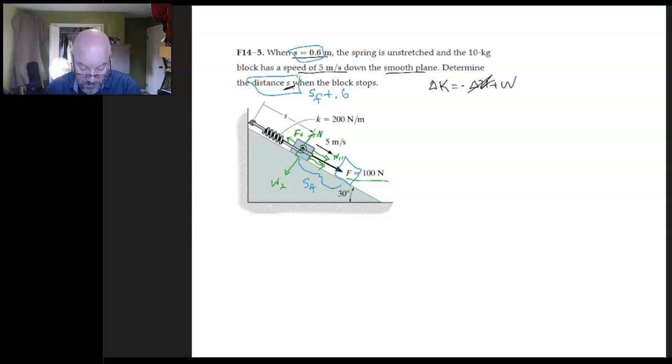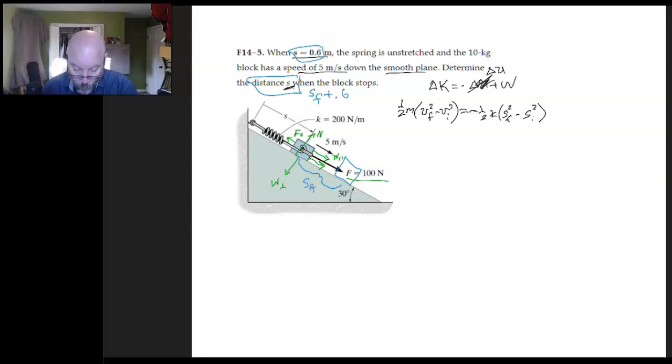All right, and we're starting from a certain speed, so 1/2 m vi squared. Okay, and now our work, let's think about what's happening with the, oh, I forgot, we have to have the potential energy of the spring. So we do need that in there. So we have minus 1/2 k, and then it's going to be SF squared minus S initial, which is actually 0. We're going to put that in a second.